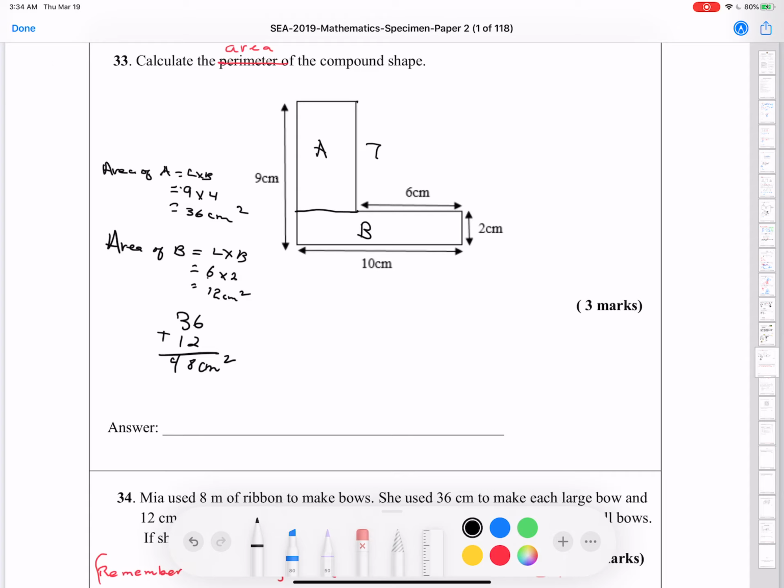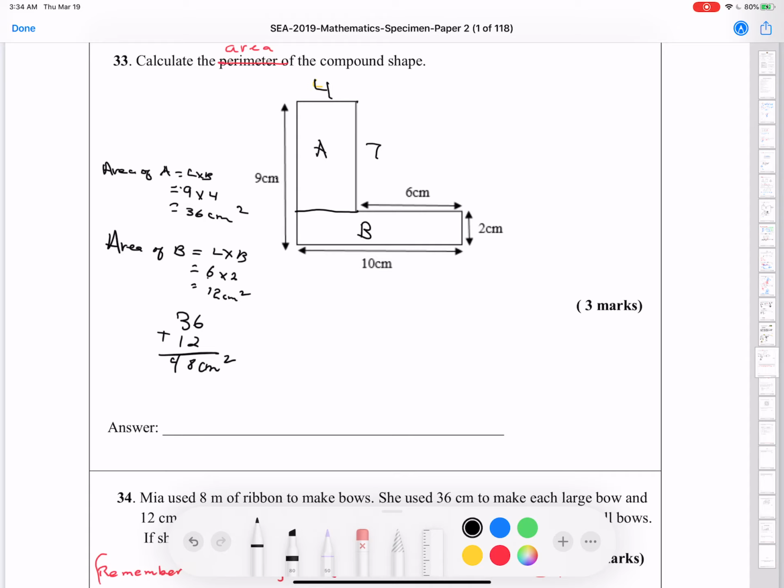The breadth of rectangle A we don't know, but we just found out that that was the difference between 10 and 6, which was 4. So I'm going to remove these markings and I'm going to write in 4. Black, please. 4 centimeters. Great.